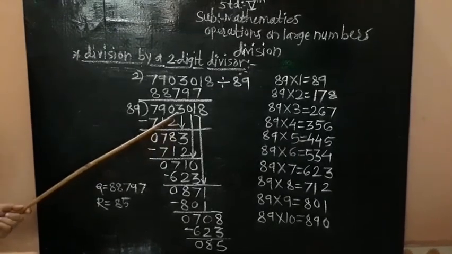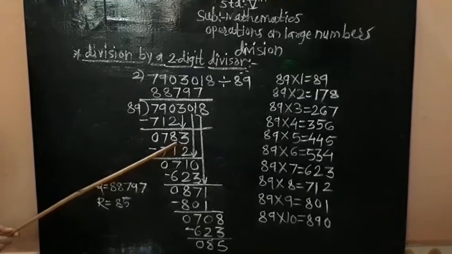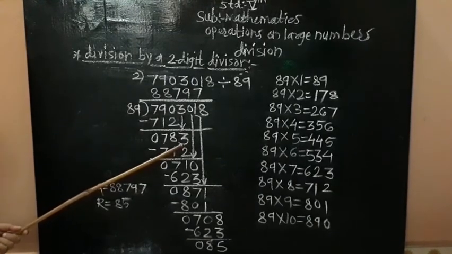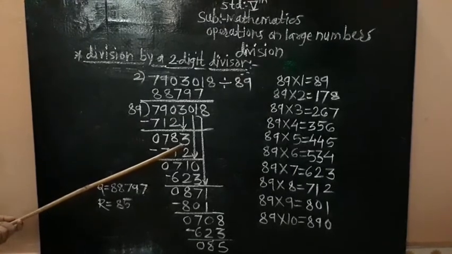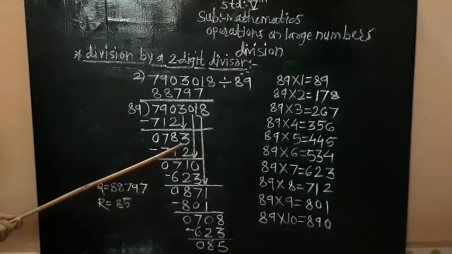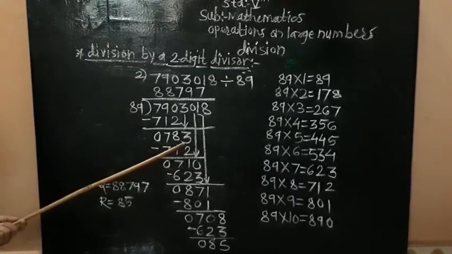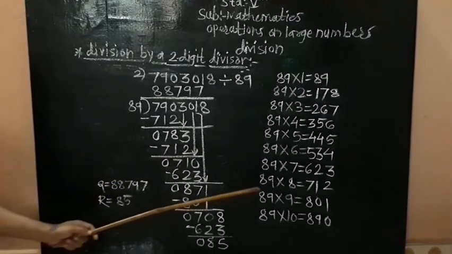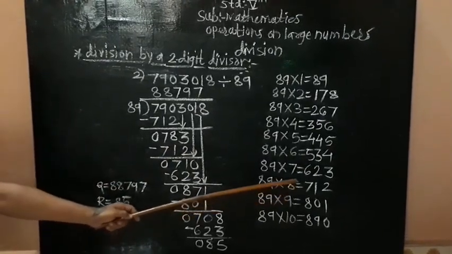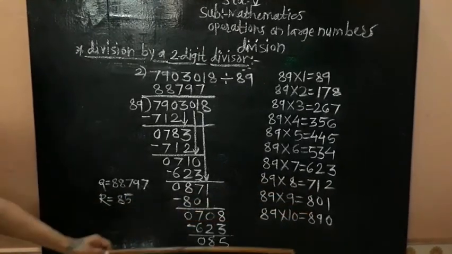The next step is to bring down the next number, which is 3. So the new number is now 783. Again you find the nearer number in 89's table to 783. You can see 623, 712, 801.